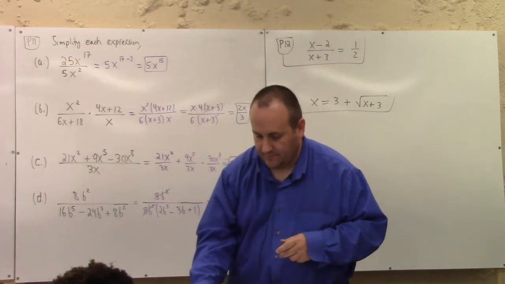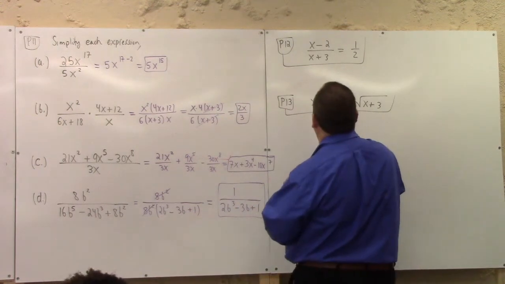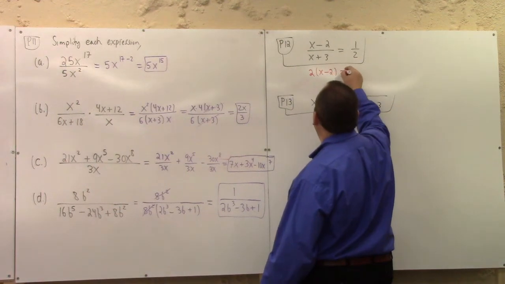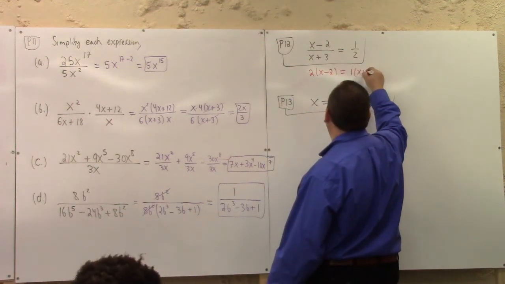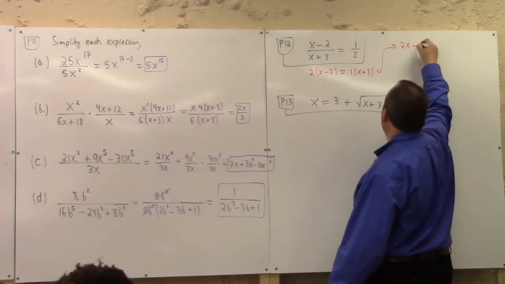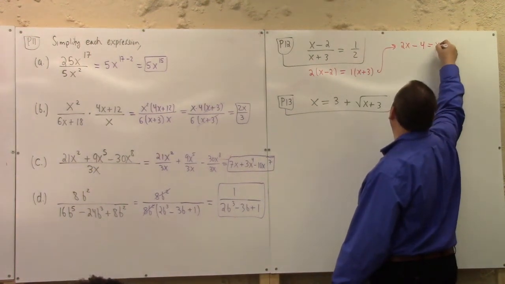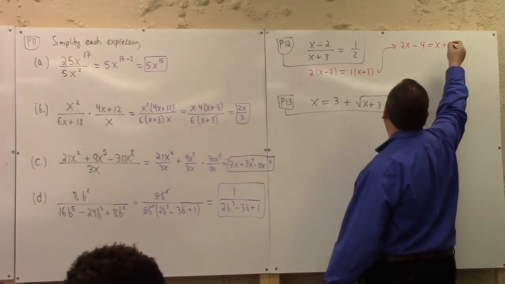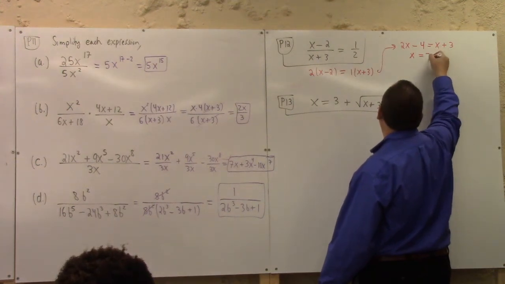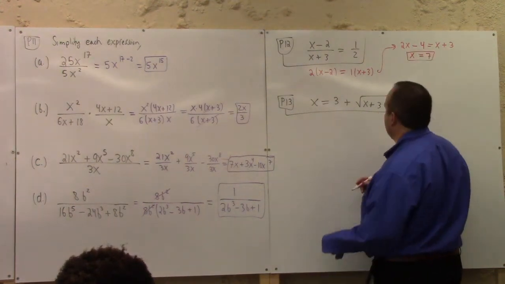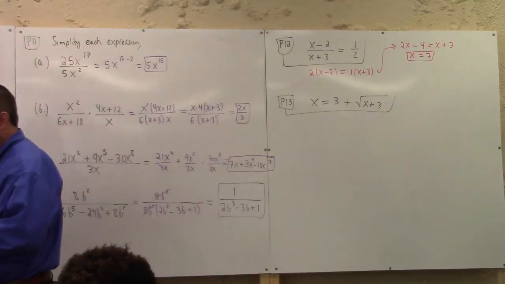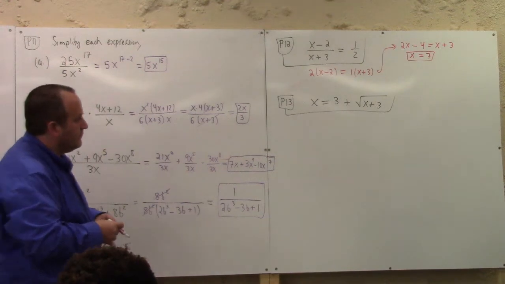So basically multiply this equation by x plus 3 and multiply by 2. I get 2 times x minus 2 equals 1 times x plus 3, right? Which tells me 2x minus 4 is x plus 3. Subtract x from both sides, I get x equals 7. So there's that one. So that's not too bad.